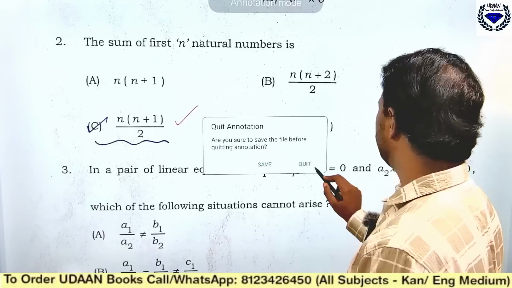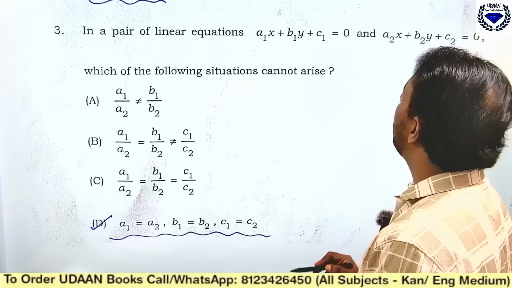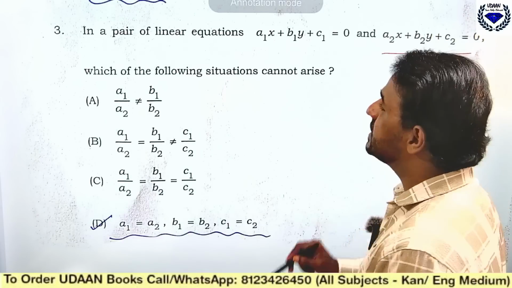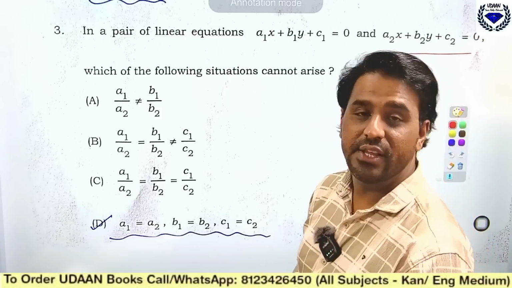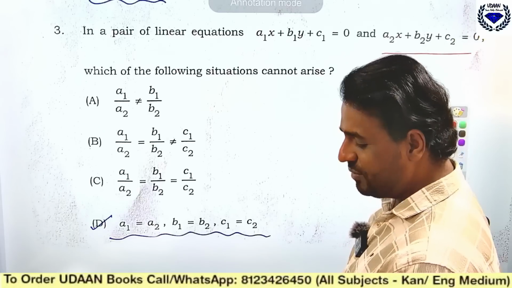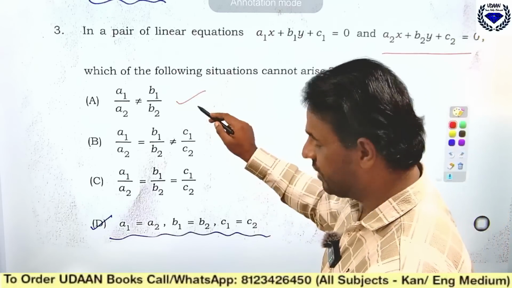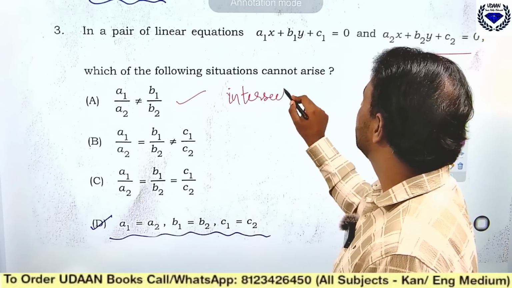Next, question number 3. In the pair of linear equations a1x plus b1y plus c1 equal to 0 and a2x plus b2y plus c2 equal to 0, which of the following situations cannot arise? Now tell me what all you can expect here. The first one is intersecting lines.